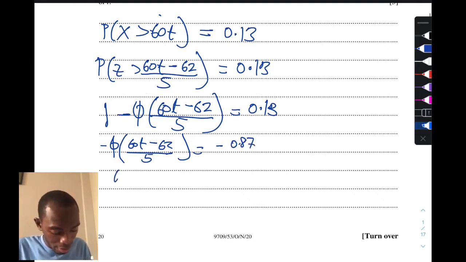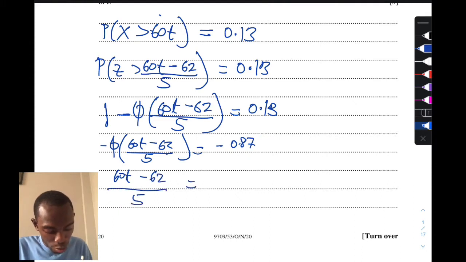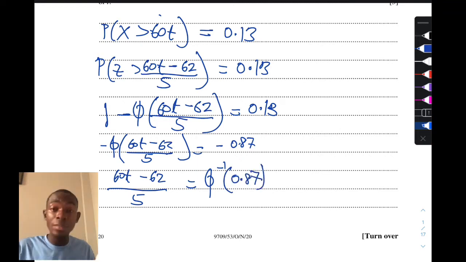All right, so you have (60t minus 62) over 5 is equal to phi inverse of 0.87. Now when we say phi inverse, that means you read out from the table. So you locate 0.87 from the table, and then you read the z value from there.